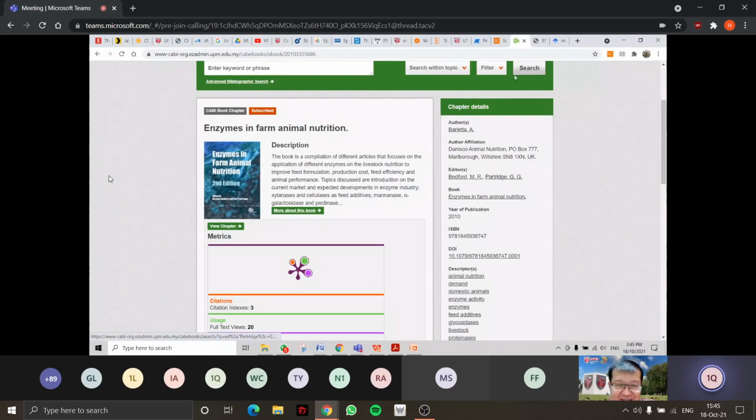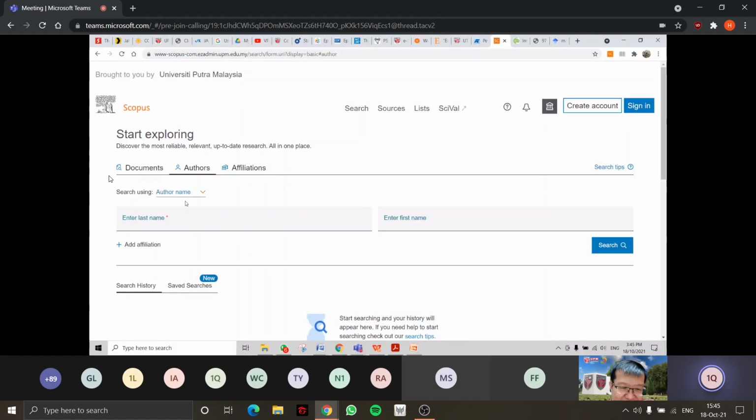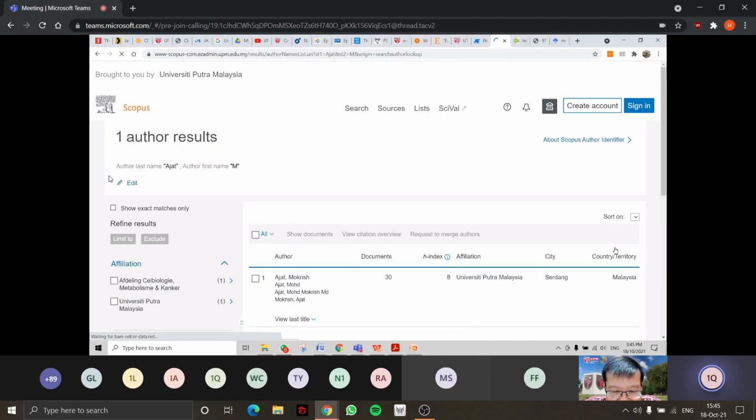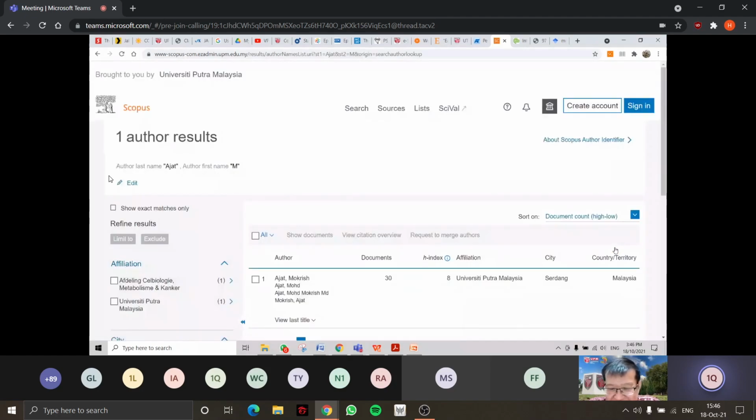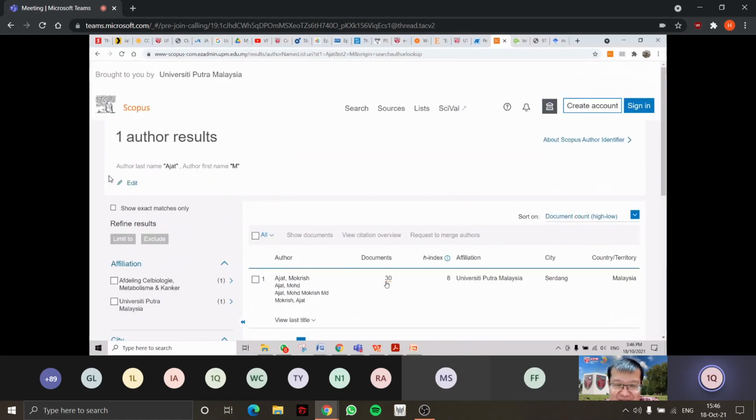In Scopus, you can do the same search. Click Authors. And for last name, I think he used Ajat, his father's name. Use M. Affiliation, never mind, just search whatever is there. Okay, you can see here, this is Mokrish, under Scopus.